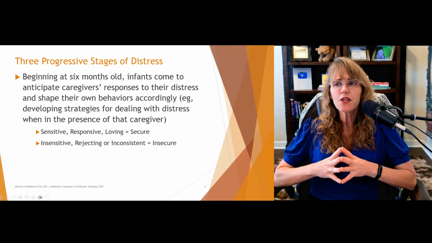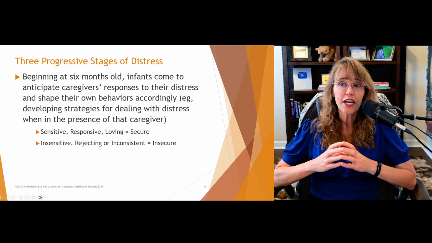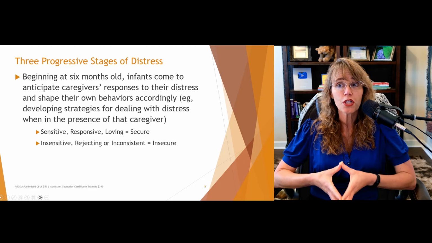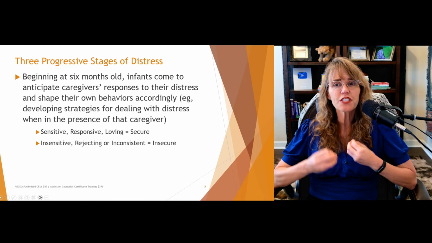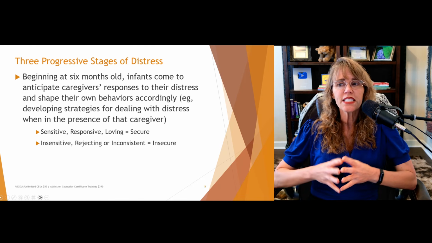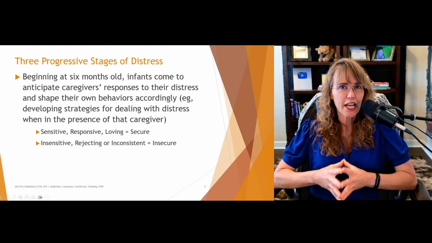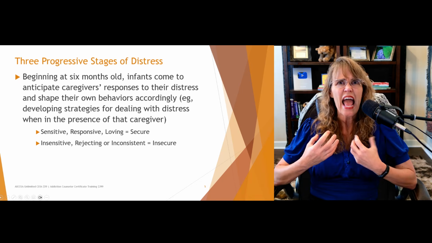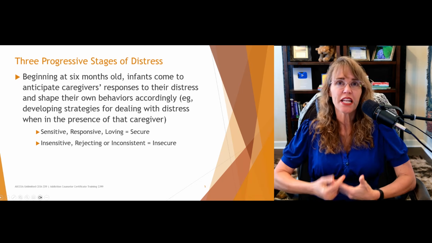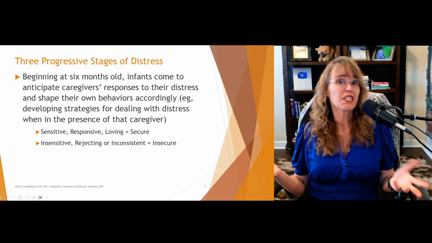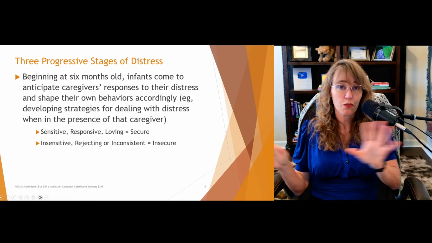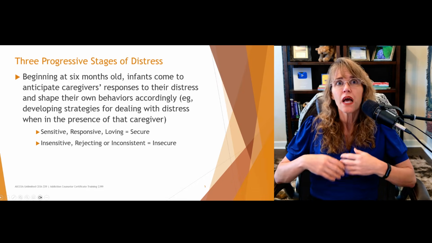Beginning at 6 months old, infants come to anticipate their caregiver's responses to their distress and shape their behaviors accordingly. That means they start developing strategies for dealing with distress in the presence of a caregiver. If you have a caregiver who responds with anger and frustration or just dismissal, it's, here, kid, take a bottle, go sit in your swing, whatever, you'll get over it.